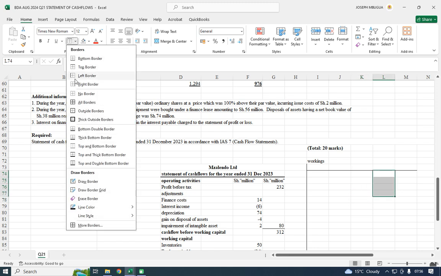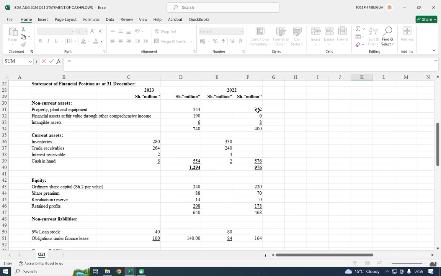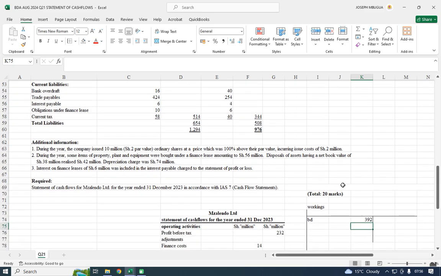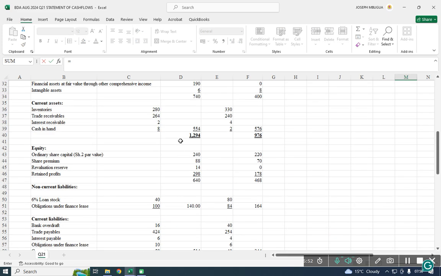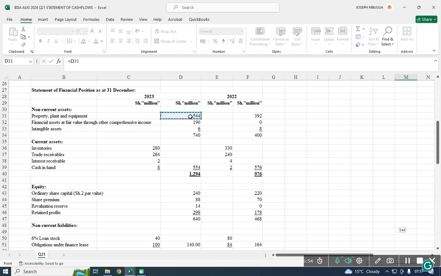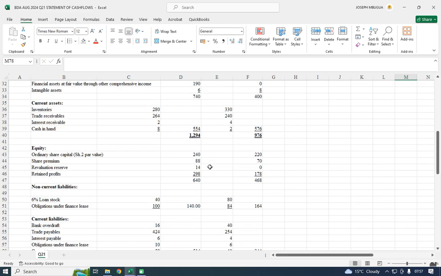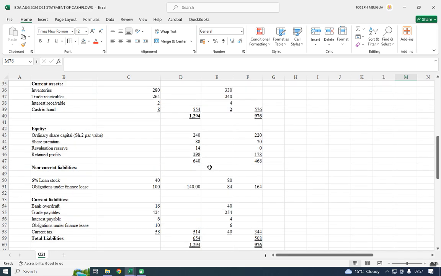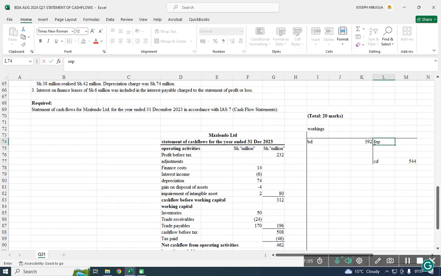So here they brought down, at the beginning we had 392, and carried down at the end we had 544. These are not at cost unless they tell you they are at cost. So that is net book value. If it is net book value, this side you shall have the depreciation.